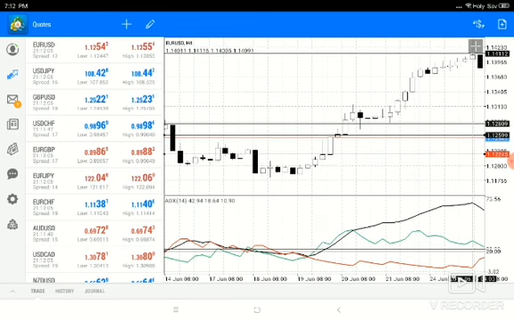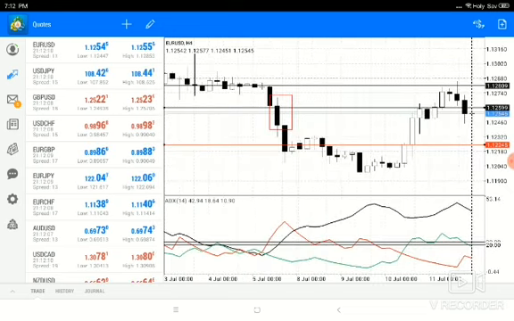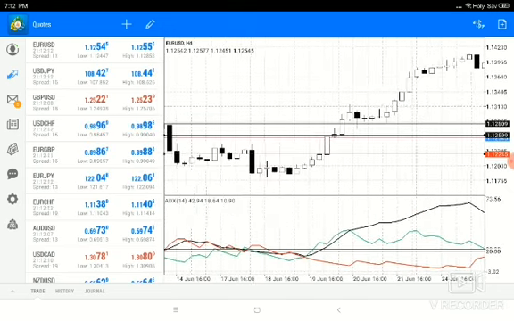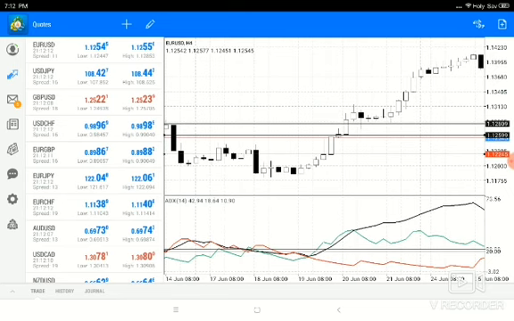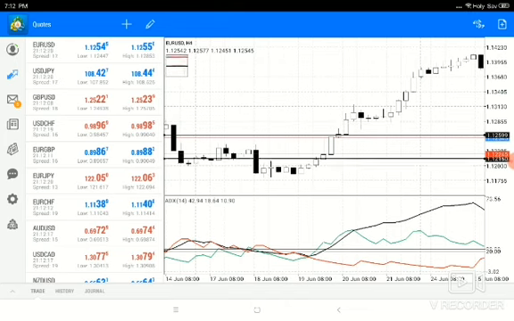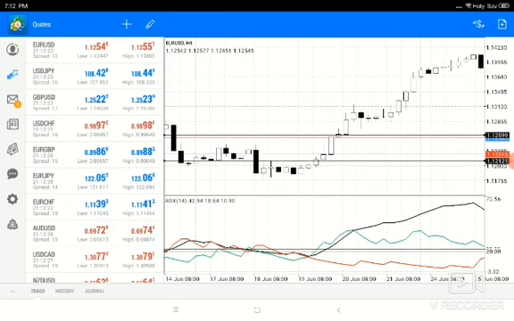Let's assume I took my buy at 1.12245. For my stop loss, I'll place it at the bottom of the previous candle, that's 1.12212. Then my target will be here.